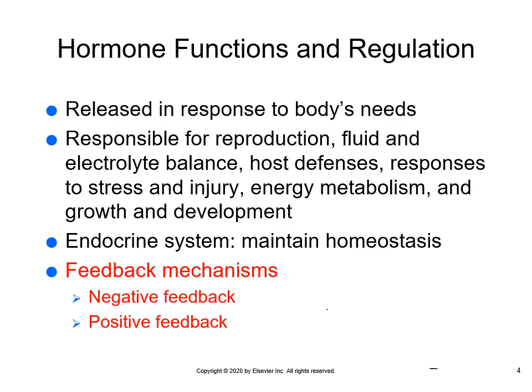The release of hormones is in response to the body's needs, and it's responsible for a lot of things like reproduction, fluid and electrolyte balance, host defenses, responses to stress and injury, energy metabolism, and growth and development. And the main goal is to maintain homeostasis.